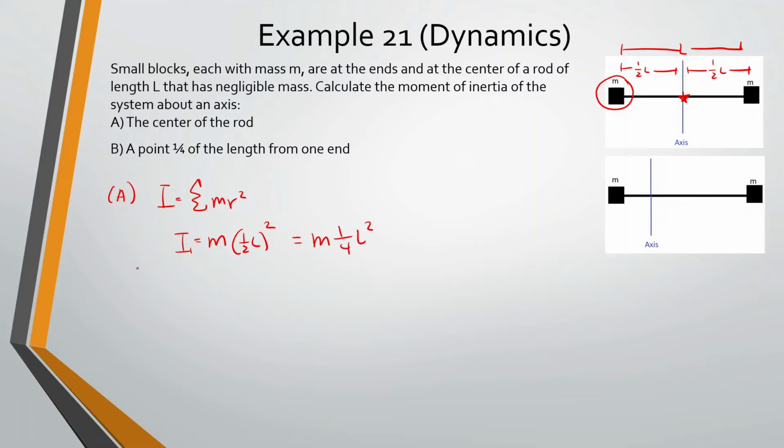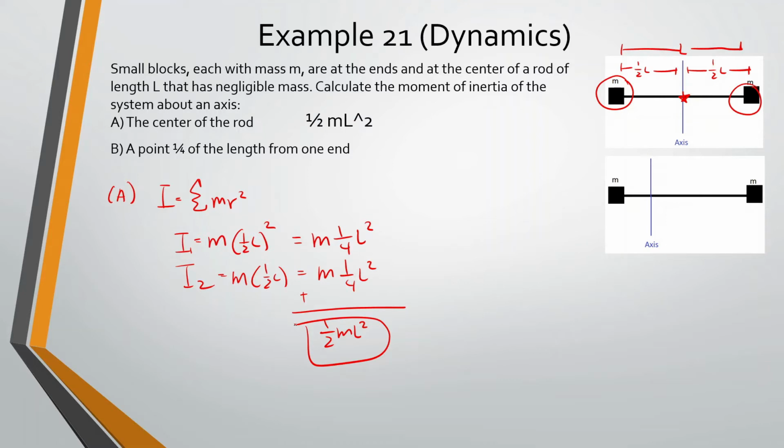Now the second one, that's the one to the right. Over here, it's the same thing. It has a mass of m, and how far it is, again, 1/2 L, which we found already, is just m 1/4 L squared. So if we add these two together, because we want the total, this is going to be equal to 1/2 mL squared. Okay, and that's our answer.